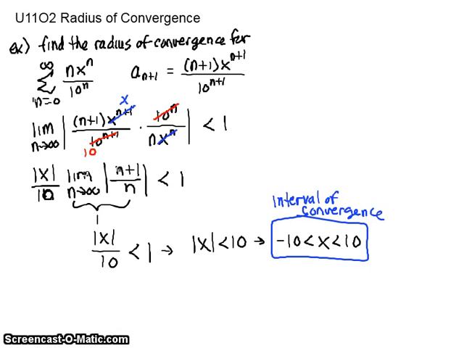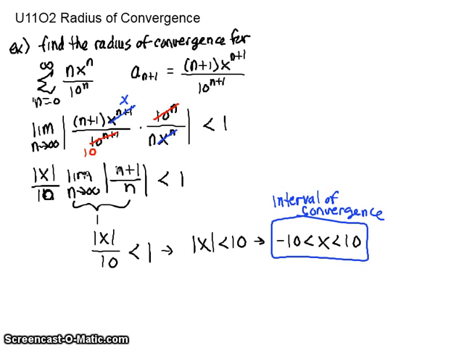Which means if we take any value of x between negative 10 and 10 and plug it in, our problem from the beginning will converge. If we take any value outside of that interval, say 11, our series is going to diverge. So our interval of convergence is everything that is going to let us converge.